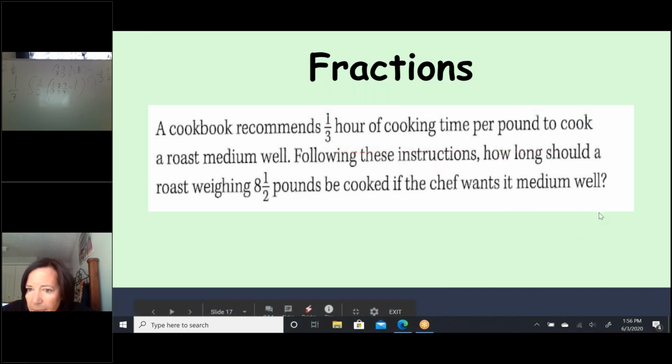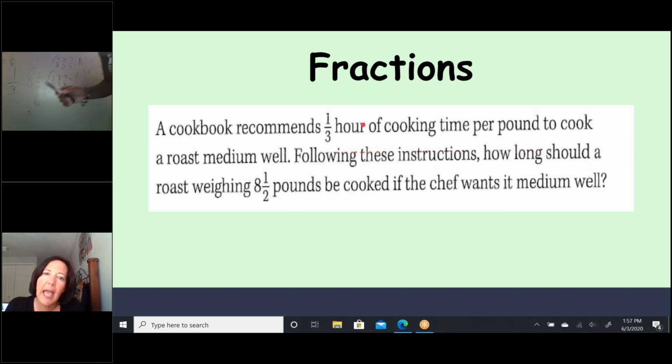1/3. So on the bottom of your screen, can you write this for me? Okay, so you're writing 1/3 hour, or just 1/3. And where's Layla? There she is. 1/3. And we need to write 1/2 of 1/3 because we don't need the whole third of an hour because we're not cooking the whole pound. So we're doing 1/2 of 1/3.